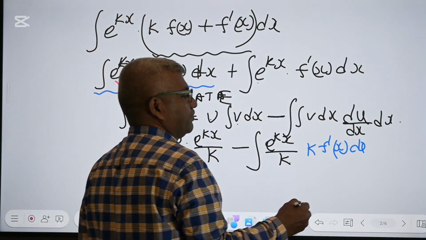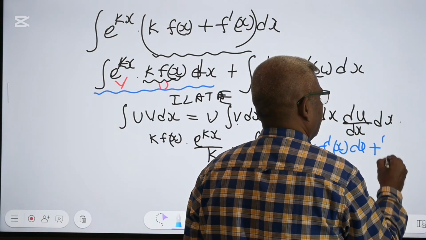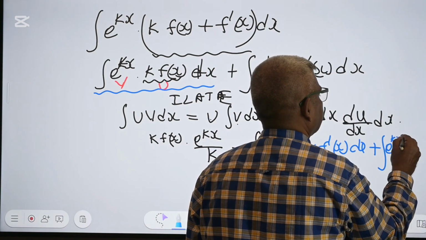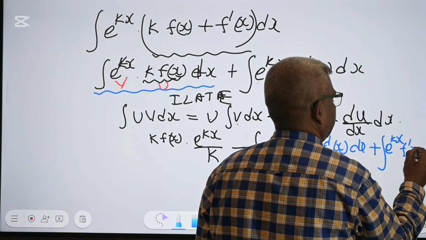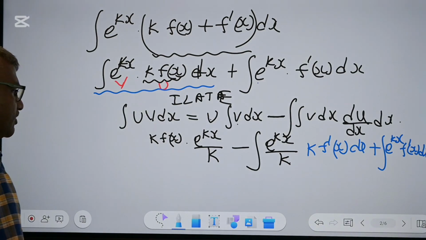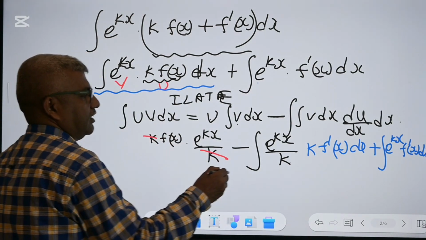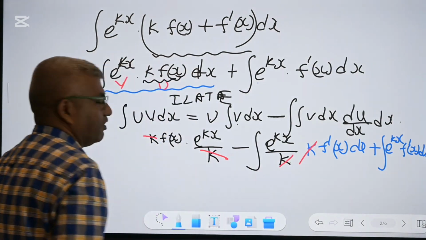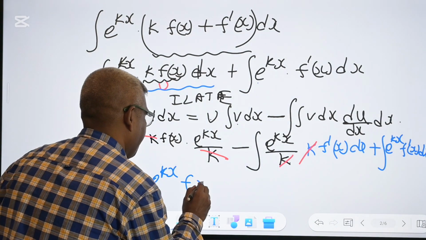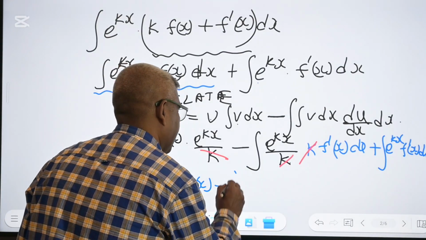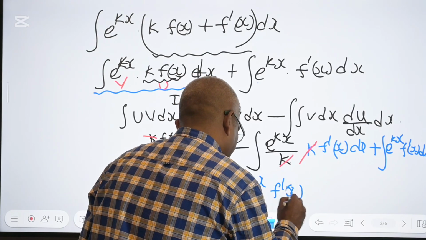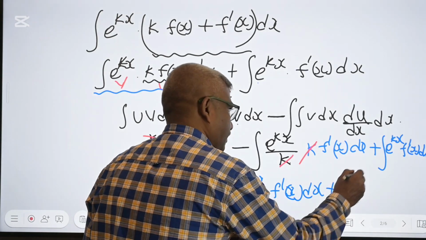Then I2: I am writing the same one, e^(kx) f'(x) dx. Now this one cancels, here you cancel it. What is left here? e^(kx) f(x) minus e^(kx) f'(x) dx.